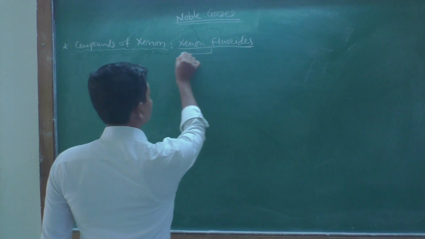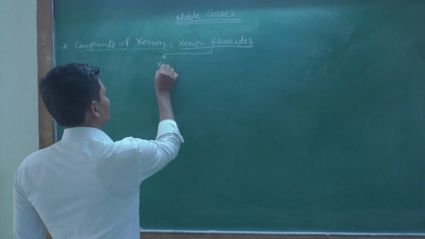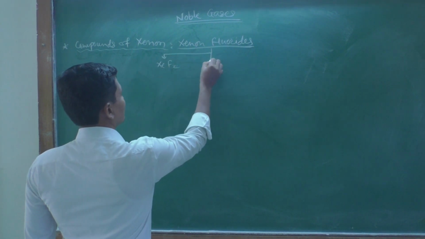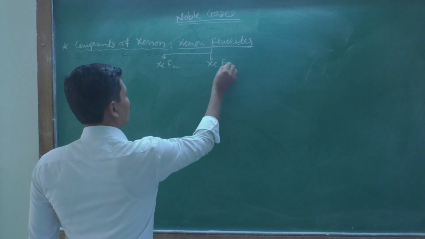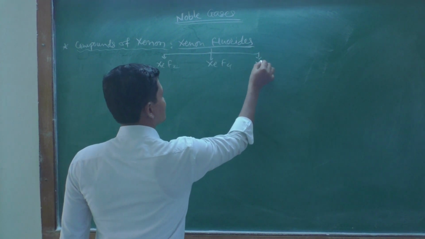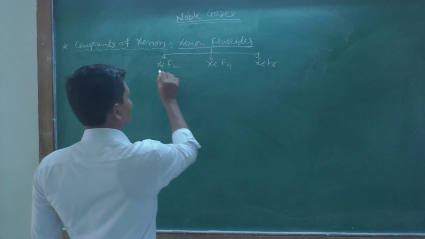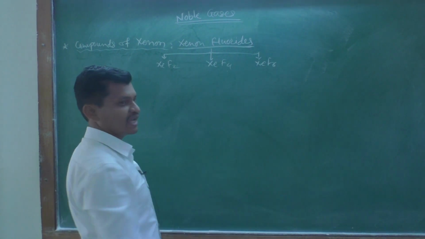So XeF2, XeF4 and XeF6, that is difluoride, tetrafluoride and hexafluoride.